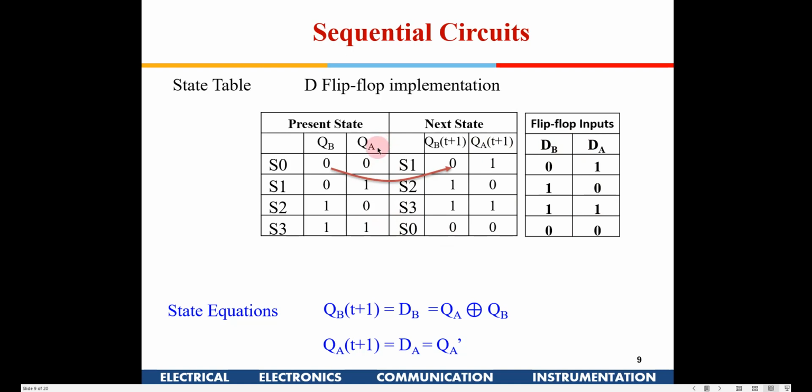Otherwise, if you are not getting any visual clue, DA is QA bar QB bar plus QA bar QB. If you take QA bar common, QB bar plus QB will give you 1, so it will give QA bar. So if you write an algebraic expression also, you will land up in the same solution. Now DA is QA bar and DB is QA bar exclusive OR QB.